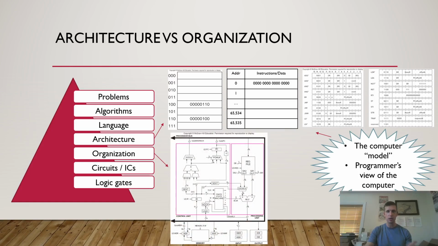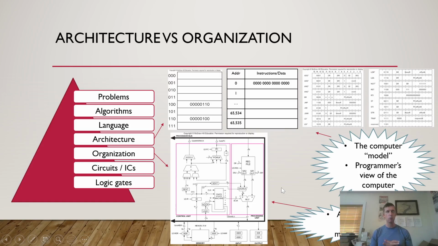The organization, on the other hand, is exemplified by our data path here. This is an actual instantiation of the architecture and its full implementation details, meaning how these circuits are connected. This is the actual hardware that we're using to implement the architecture. It's sometimes also called the microarchitecture.